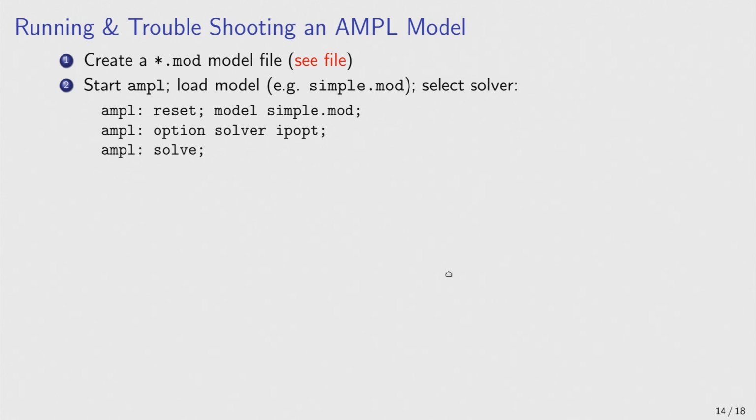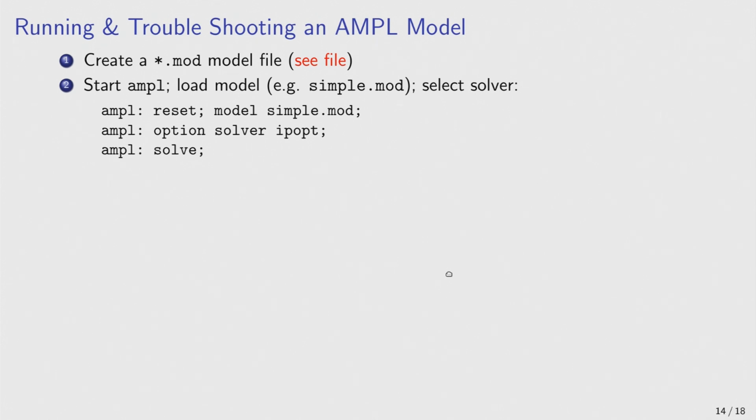OK, so what you do basically, and you're going to do this in the course, is you're going to create a mod file. And then you start AMPL. And depending on what platform you're on, it's slightly more complicated if you're on a Mac, but I can help you with that. The first line basically said reset, which is clear everything that you have in your memory.